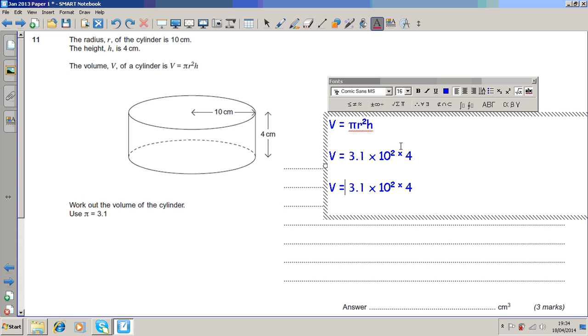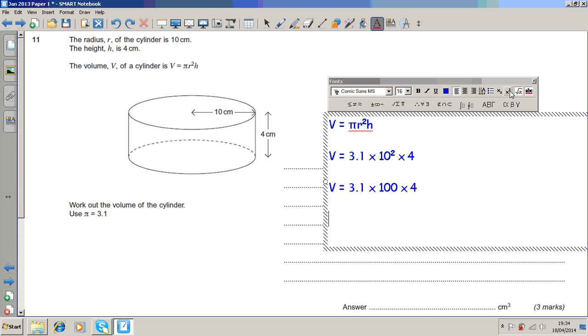So now working this out with our calculator, well, 10 squared is 100. Now what can I do fairly easily? Well, I can do 3.1 times 100 quite easily. 3.1 times 10 is 31, so that's 310.